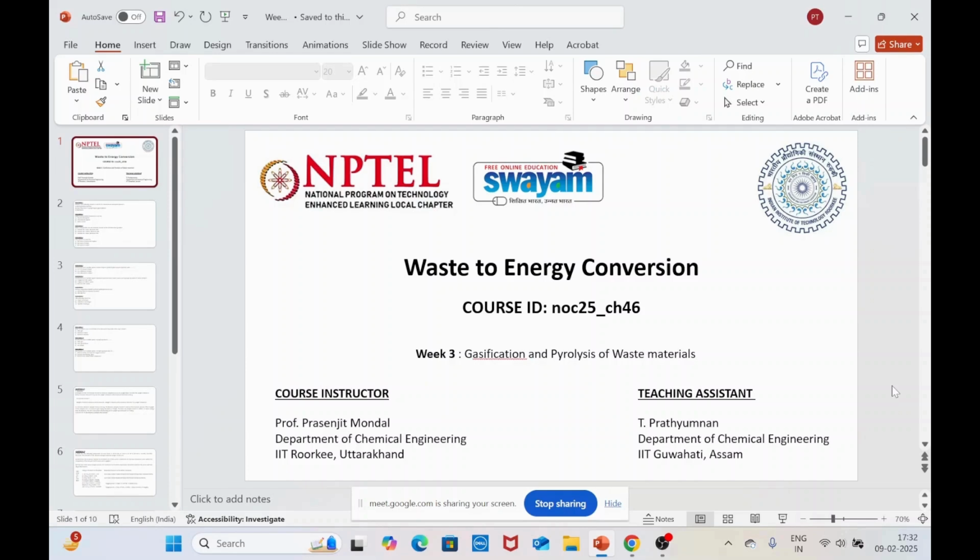Apart from the use of synthesis gas, if you separate the hydrogen, it can be used for a lot of other purposes, like power generation and many more. You can always check the internet about the different uses and applications of hydrogen gas generated during the syngas process.